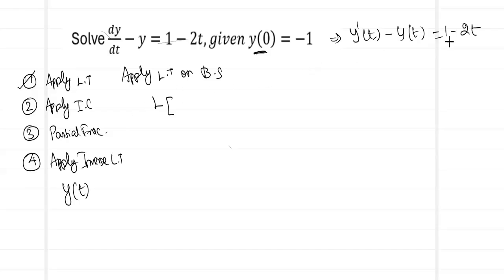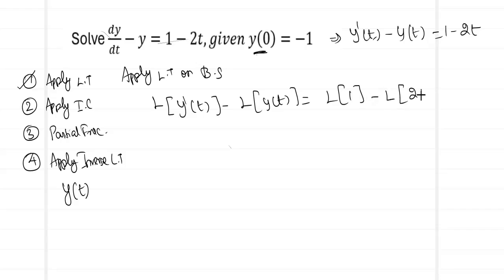When you apply Laplace to both sides, you have Laplace of y dash of t minus Laplace of y of t equal to Laplace of 1 minus Laplace of 2t. So this is our expression.